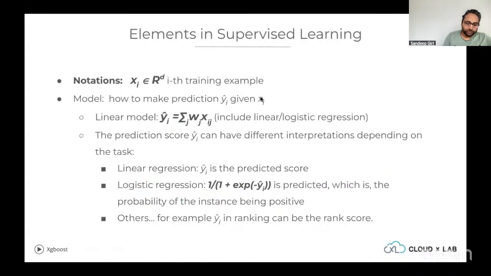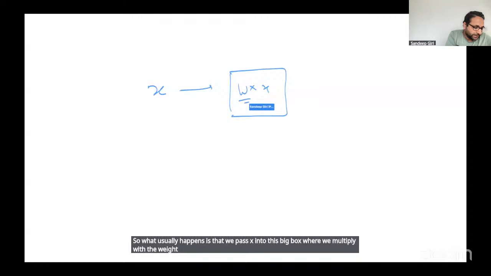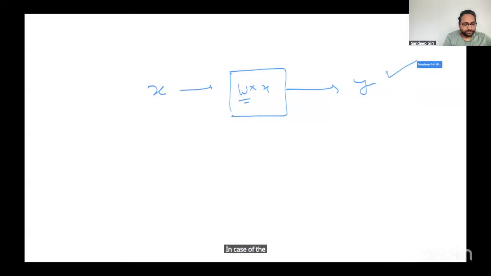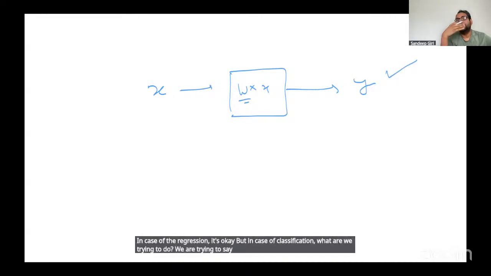So what usually happens is that we pass X into this big box where we multiply with the weights, all the input, and it gives the outcome. Now, in case of regression, it's okay. But in case of classification, what are we trying to do? We are trying to say that our model should say whether it's yes or no, right?